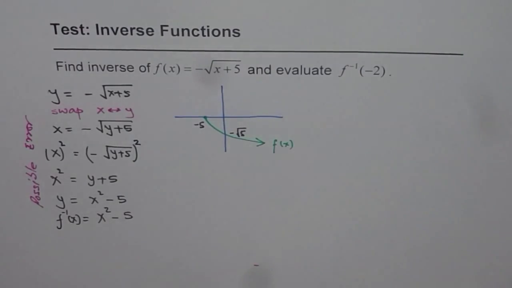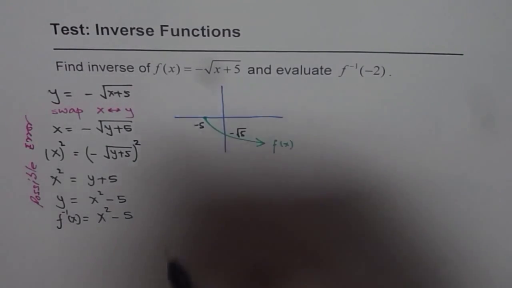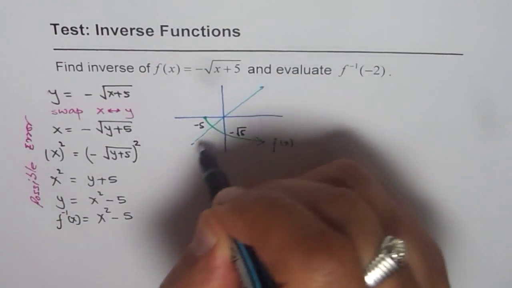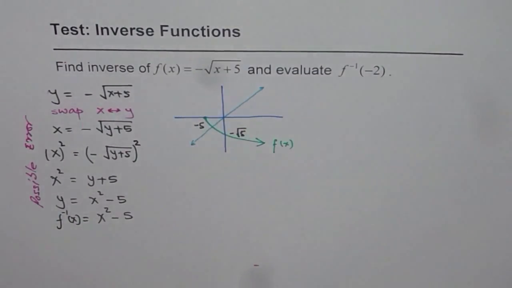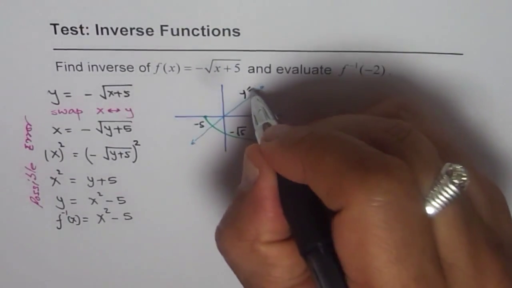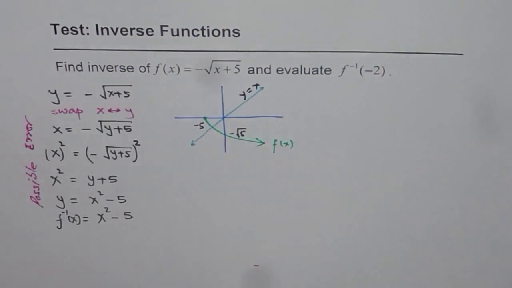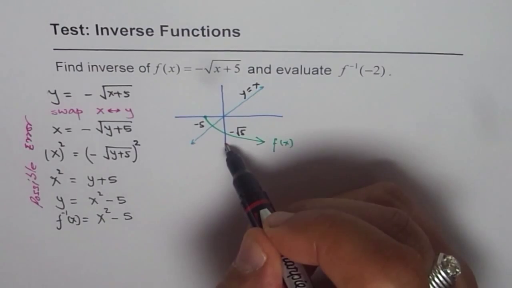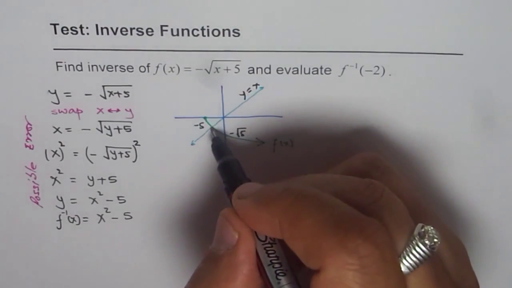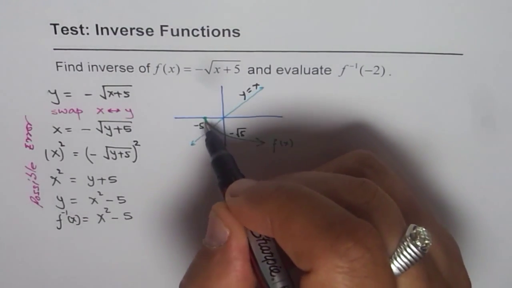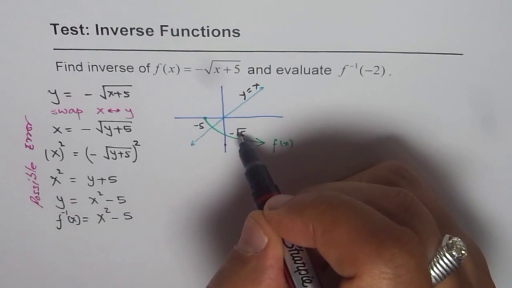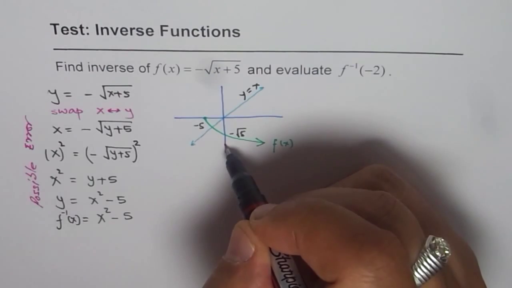Now to find the inverse of this function, we need to reflect it on the line y equals x. If we reflect this on the line y equals x, graphically we can get our function. So when you reflect, this minus 5 will be coming here, correct? It's not very accurate, but since this is minus square root 5, minus 5 is going to be much larger, so it's kind of here.